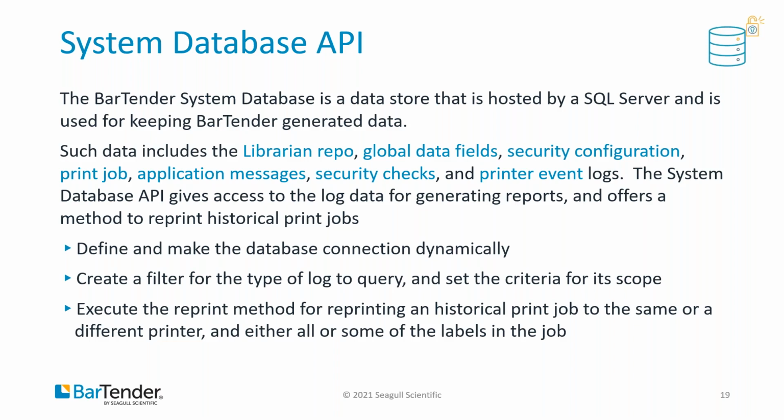Well, of course, the first option is the Librarian repository, so your managed documents, for example. Also, global data fields, security configuration of the BarTender software, but also print job, application messages, security checks, and printer event logs.